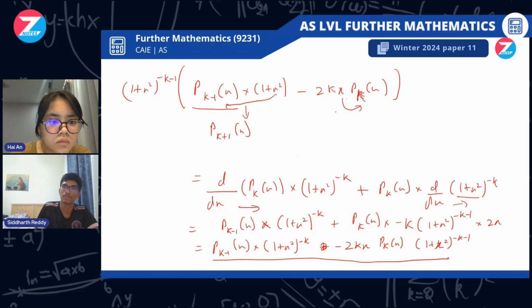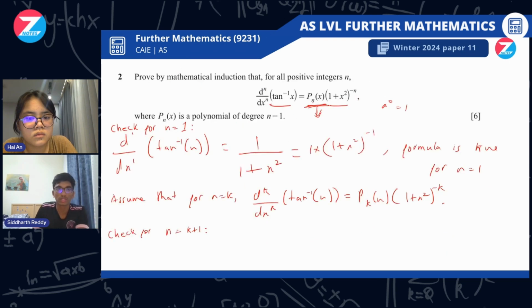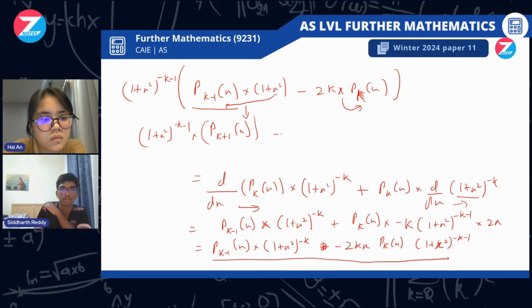It becomes pk plus 1, and adding them together we get a polynomial whose entire thing is just pk plus 1 of x. So this is actually just our final result. And notice this, it's the same thing as what we would have gotten if we substituted k plus 1 into the formula, because we can factor out the minus at the top. So this becomes minus k plus 1 like this.